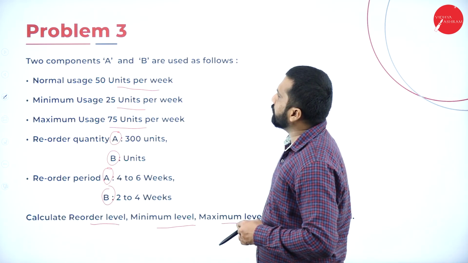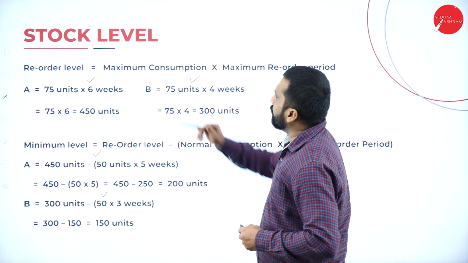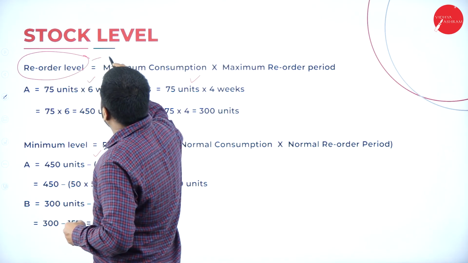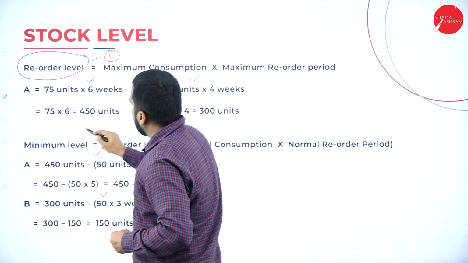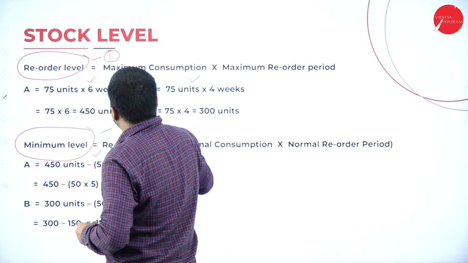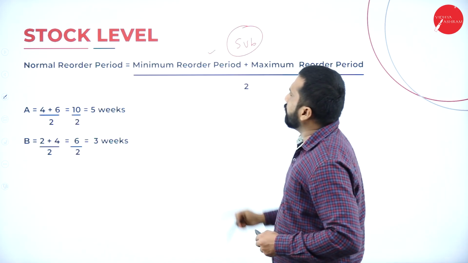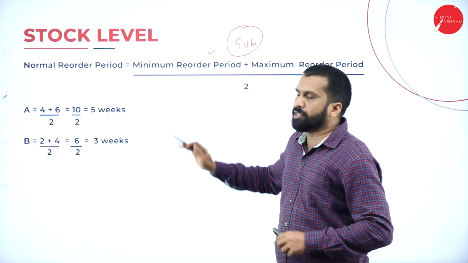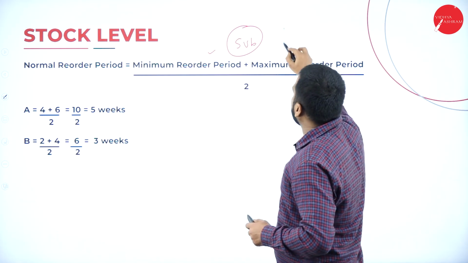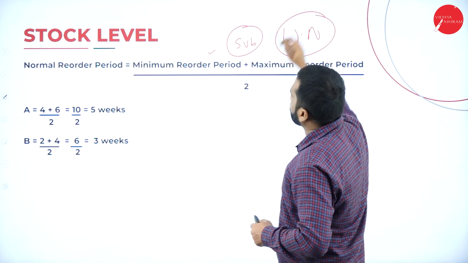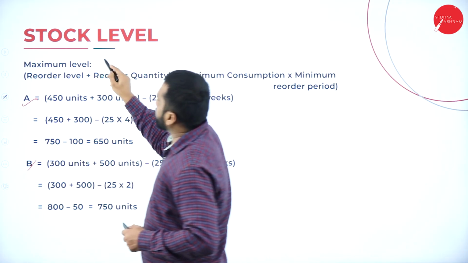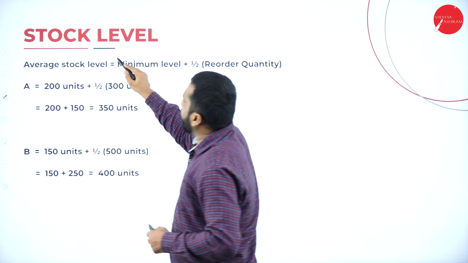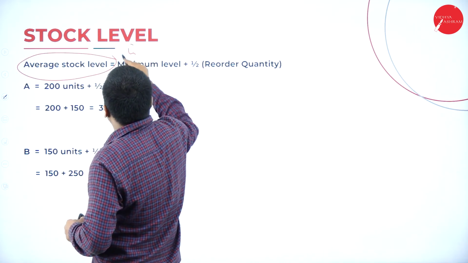Now, I'll show you this. In this, reorder stock level 1, minimum stock level 2. This is just to find out reorder stock level. This is not the formula. This is only a working note. Maximum stock level 3. Average stock level 4.